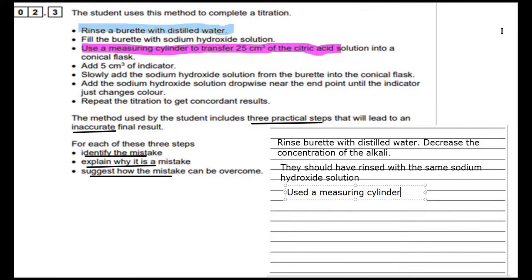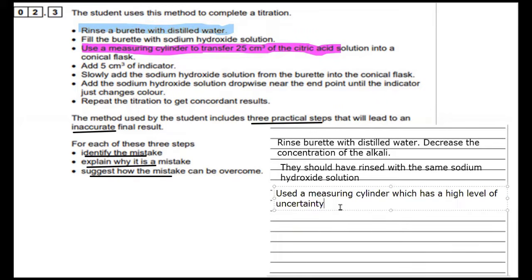It's not too inaccurate, but it's not that great. So the measuring cylinder has a high level of uncertainty. There's a high error in the results here. Remember, you've got the meniscus, the little bit which bubbles, and it's difficult to read. And there's going to be a higher level of error and uncertainty in the use of a measuring cylinder.